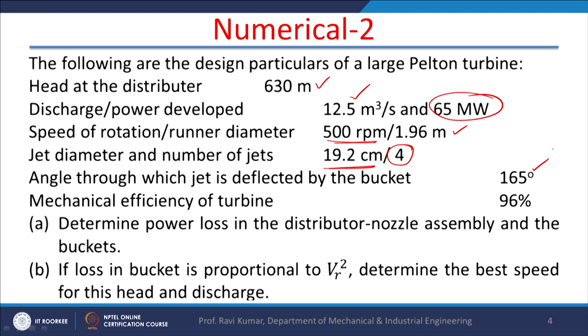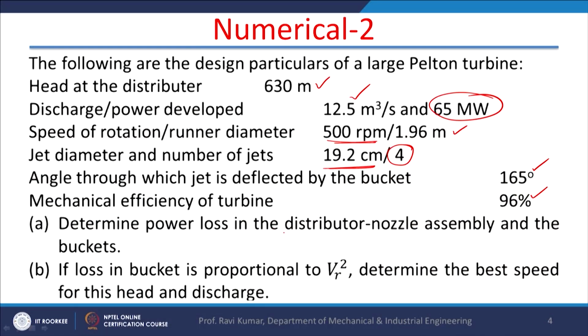Mechanical efficiency of the turbine is 96%. Mechanical efficiency is the ratio of the output and the hydraulic power developed in the turbine. Output means power available at the prime mover shaft. Determine the power loss in the distributor nozzle assembly and the buckets together.